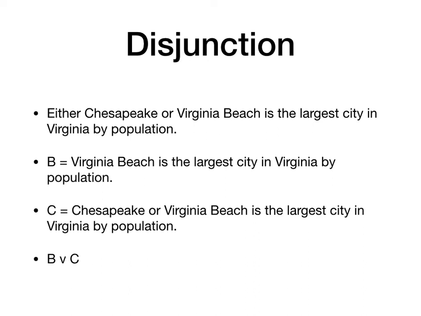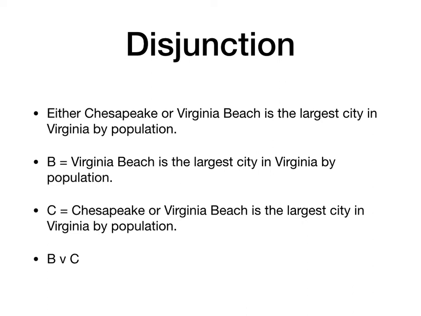Disjunction. Either Chesapeake or Virginia Beach is the largest city in Virginia by population. We'll use B here to stand for Virginia Beach is the largest city in Virginia by population. C equals Chesapeake is the largest city in Virginia by population.